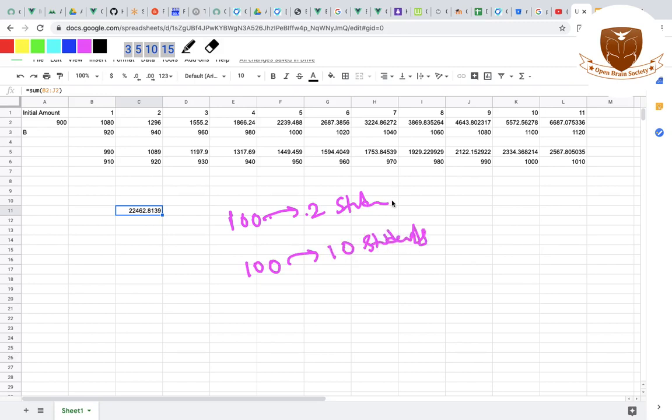This means your chance of making it and earning that reward is only 2 by 100.